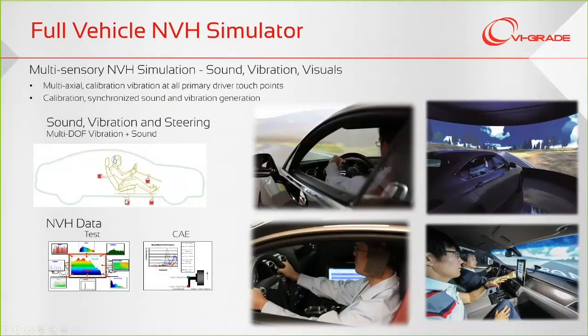So when you shake the seat vertical, the steering wheel doesn't move. When you shake the heel point, the seat doesn't move, or the steering wheel doesn't move. All of these are completely independent. They're not tied together. So that gives you incredible control over what you're delivering to the driver. So you know exactly what you're doing, and there's no crosstalk between these different transducers or shakers here.